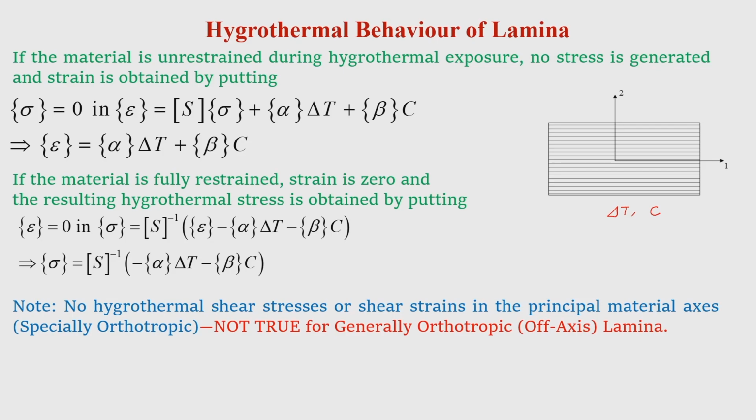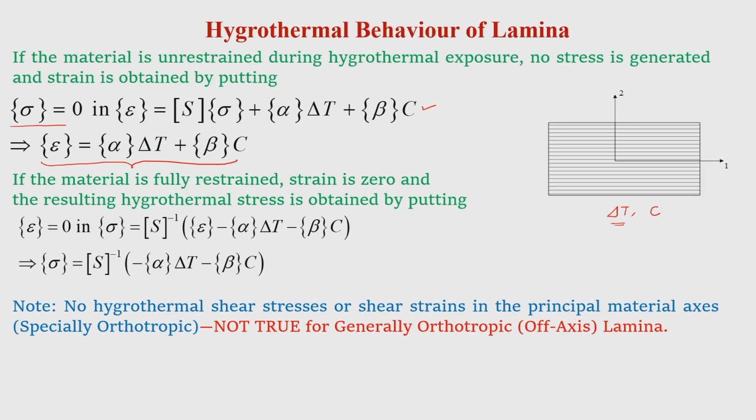So, if we put sigma equal to 0 in the stress strain relationship, we get that alpha delta T plus beta C is the total strain, because it is free to expand. Suppose it is subjected to delta T and it is free to expand or contract, therefore, there is no stress.